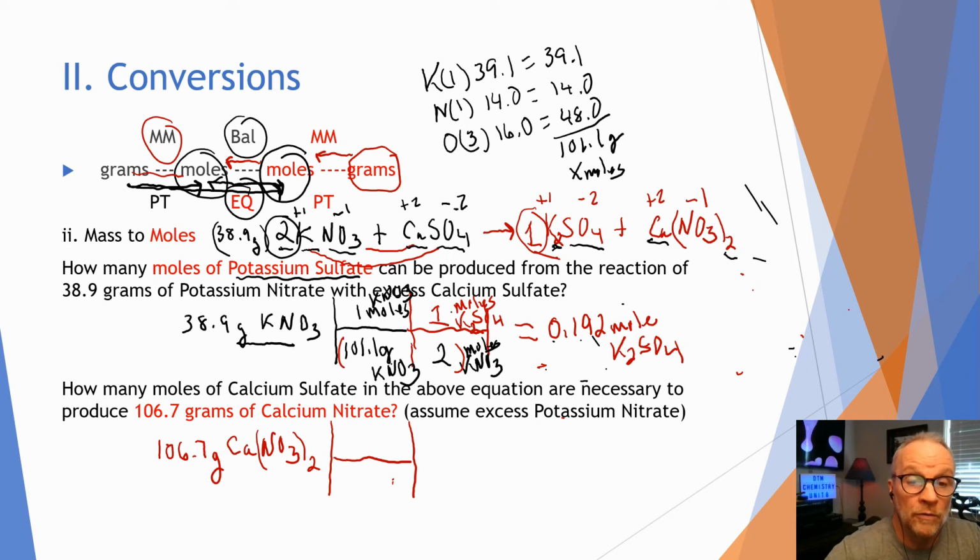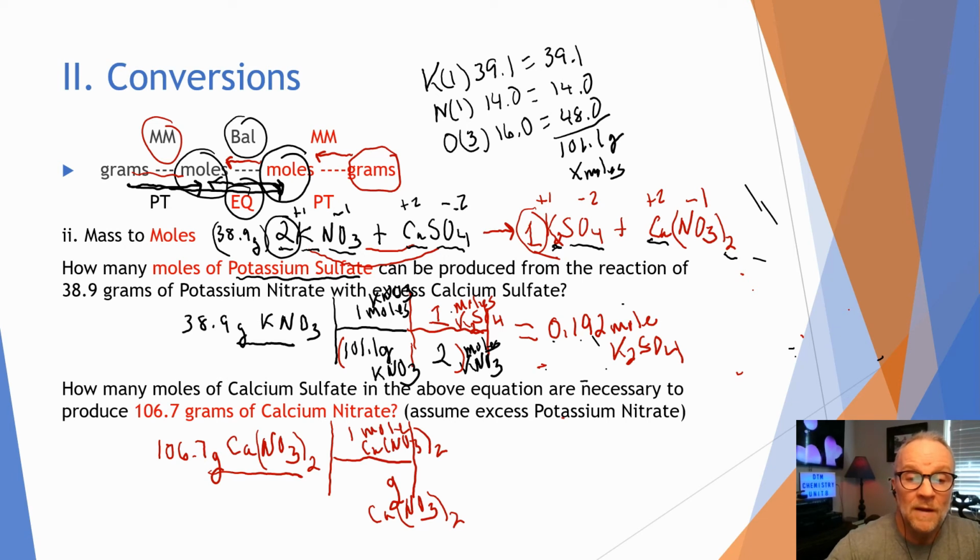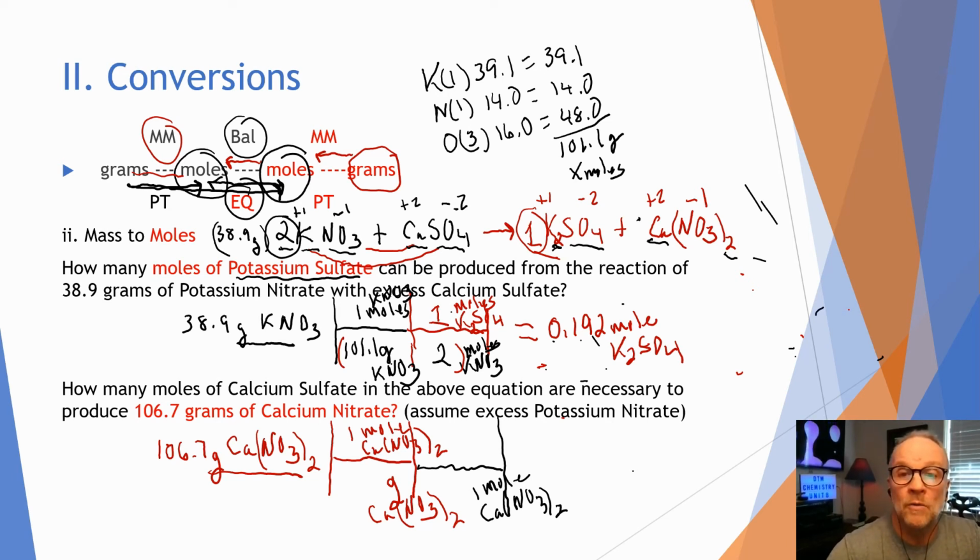So we'll still start with grams on the bottom of whatever we're given, just like before, calcium nitrate. And we still need to change that to a molar amount so we can change chemical species. And then we are going to go to moles of the reactant. So for every 1 mole of calcium nitrate, I said 1 mole because calcium nitrate is a 1 here.